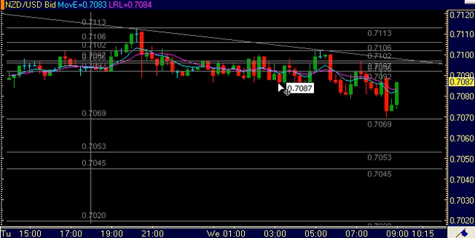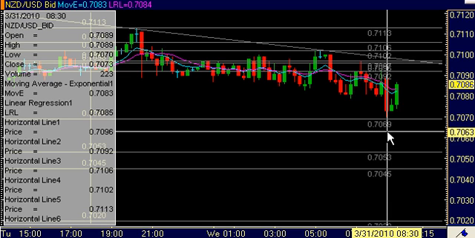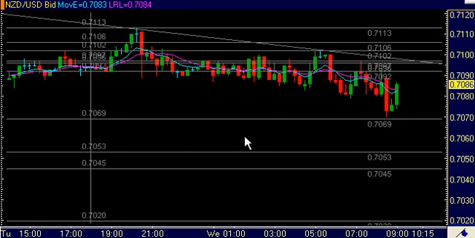If I hadn't been so frustrated, I actually would have gotten filled, because I had the level at 7106 and the target down. It doesn't look like it made it all the way to 7069. Plus, Kiwi has such a large spread that it's not a good scalping pair.